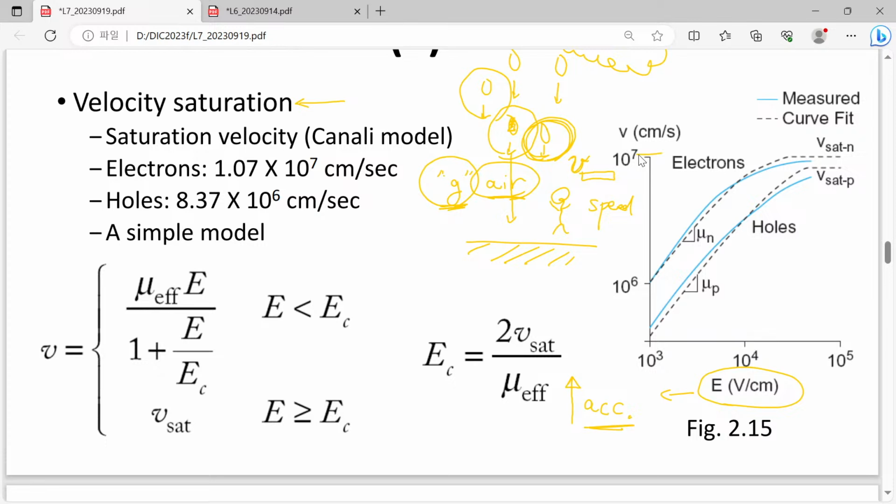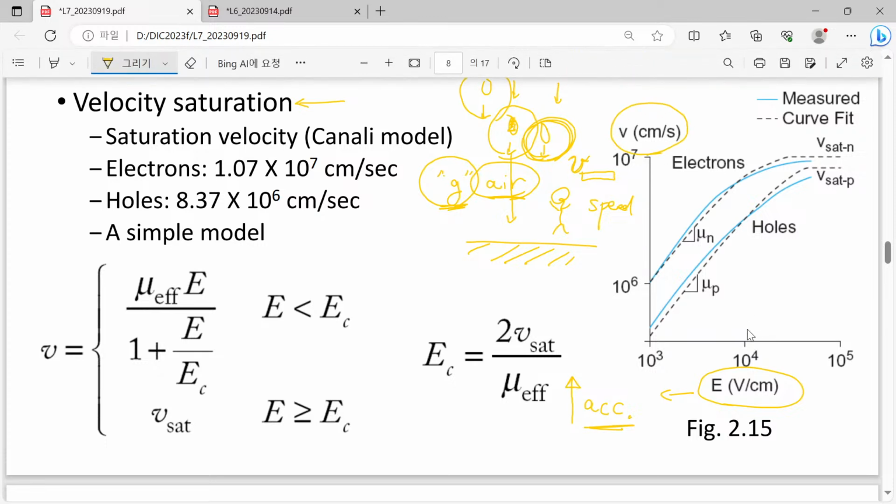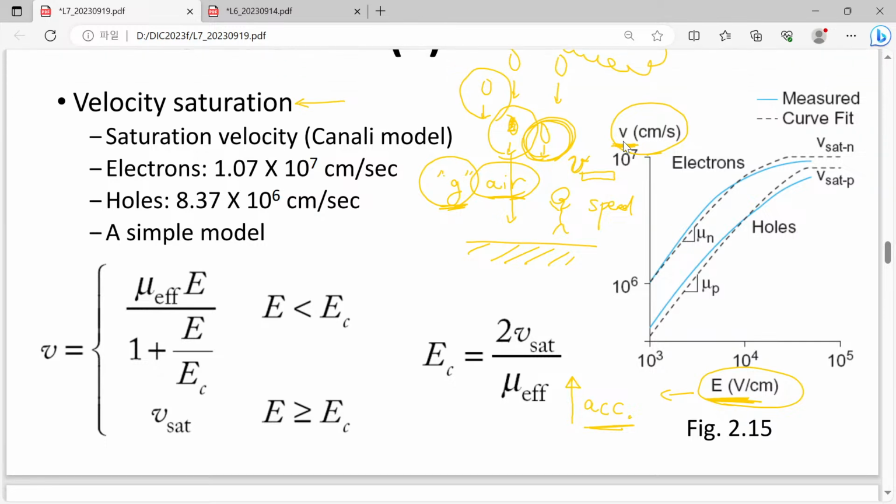This figure shows this behavior. When you increase your electric field, the terminal speed of your electrons and holes increases. These blue curves are the realistic curves, increasing, and eventually it is saturated.